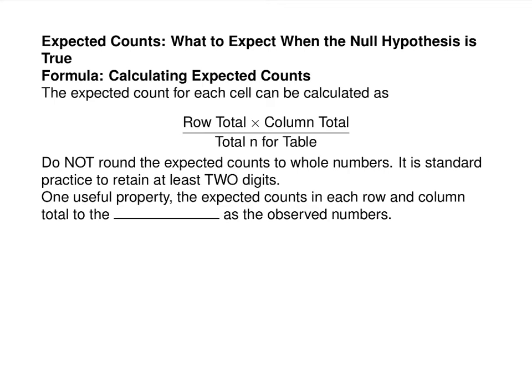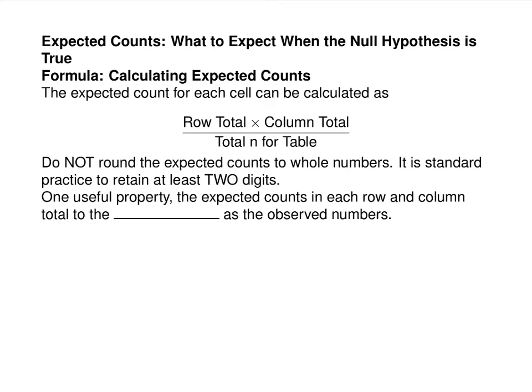So the way you find the expected count is you take the row total times the column total and divide that by the total n for the entire table. Now, one thing to keep in mind, and this is actually kind of important, don't round the expected counts to whole numbers. It is a standard practice to retain at least 2 digits. And if you are checking your expected counts with something like software, if you keep more digits, it's going to make your chi-squared more accurate.